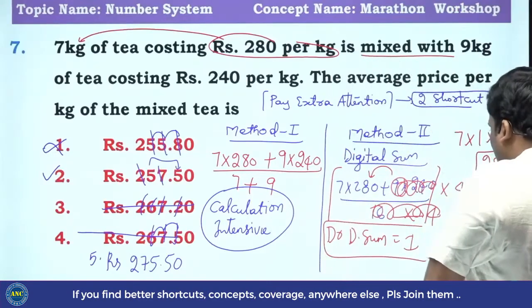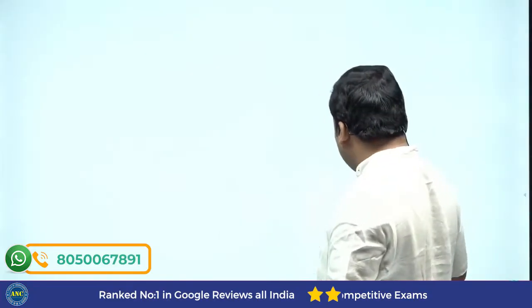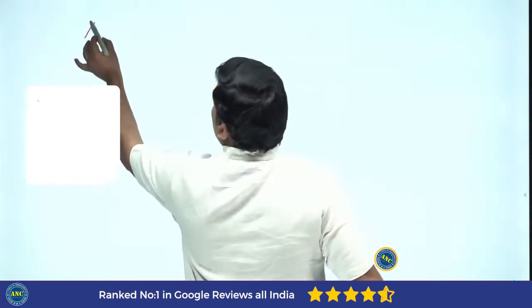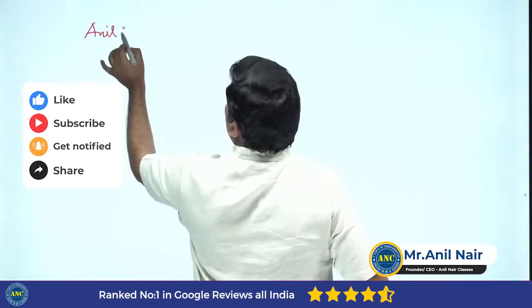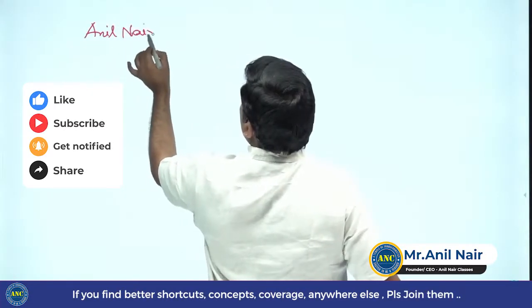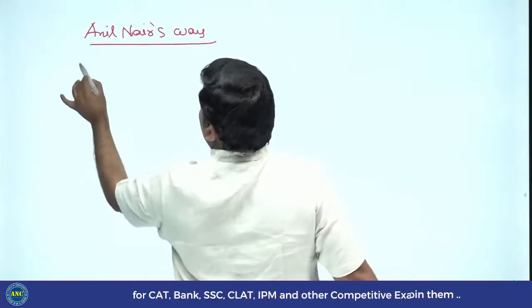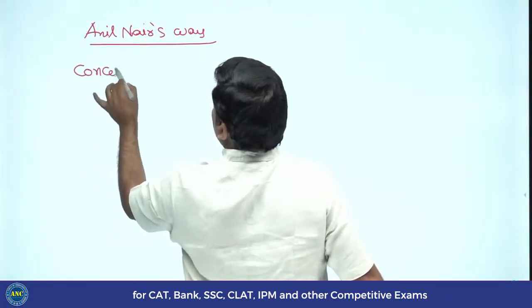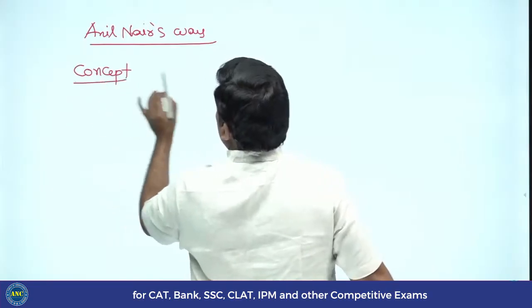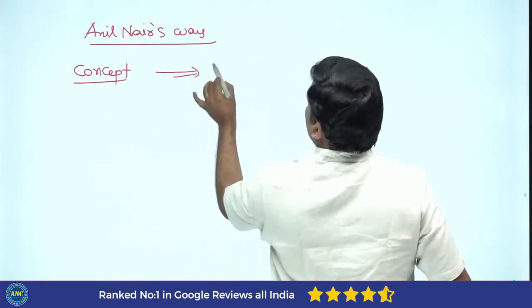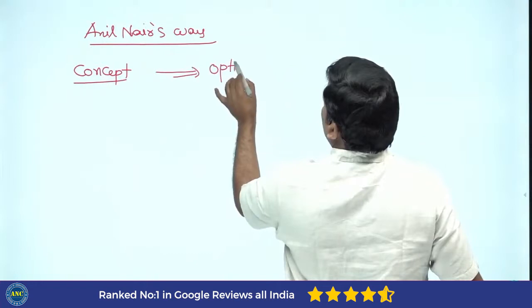Now, logic. Anil Nair's way of solving. Please write down, Anil Nair's way of solving the question. First, we will discuss the concept. Then we will optimize the number of steps.